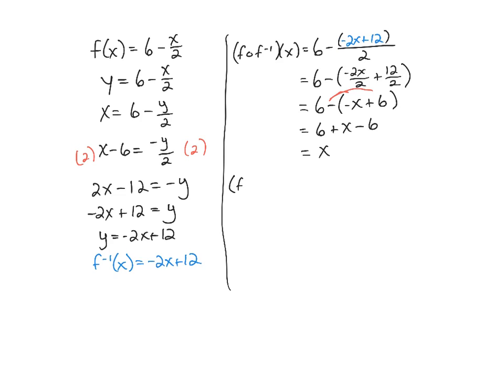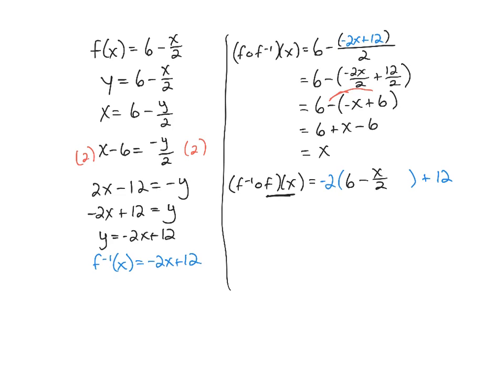So we have f to the negative 1 of f now, of x. And we start with the inverse function, which is negative 2 parentheses plus 12. Inside those parentheses, I'm going to insert the original function f, which was 6 minus x over 2. Okay, here, if we're following the order of operations, multiplication comes before addition.